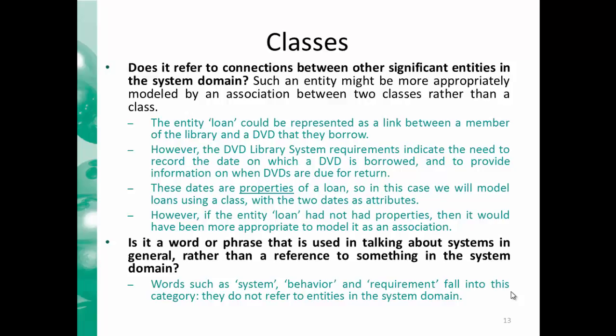If that noun or noun phrase is very important to connect both classes in the system domain and it had no properties, then it may be more appropriate to model it as an association.